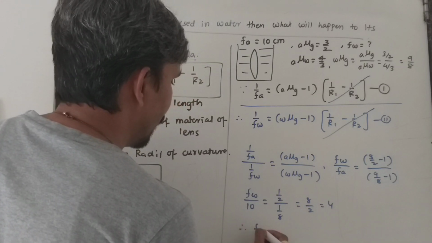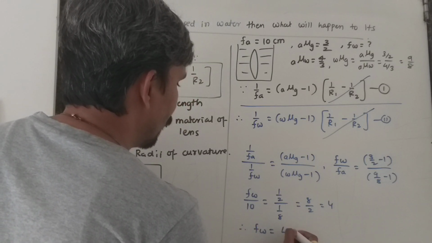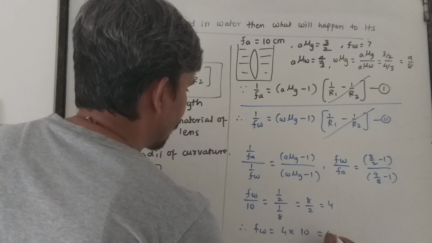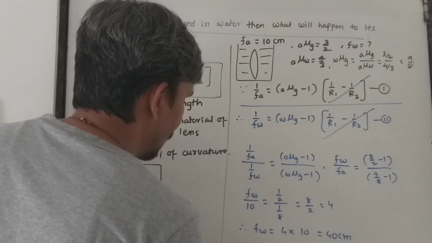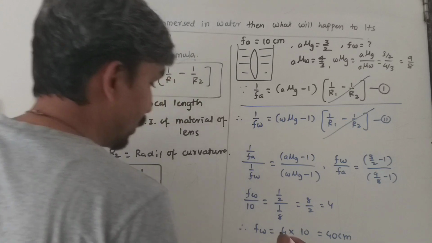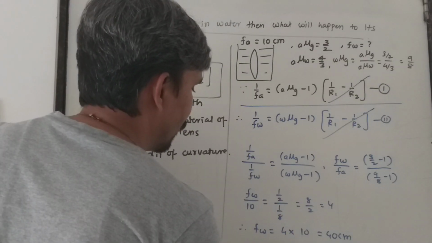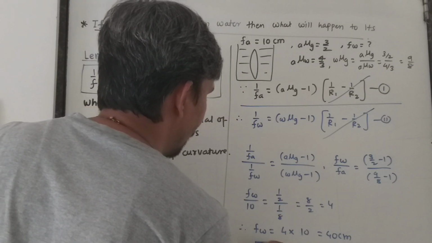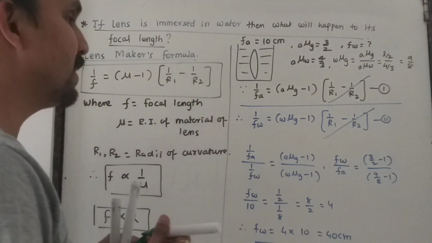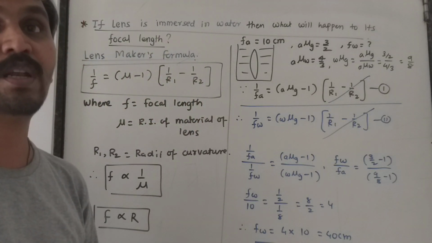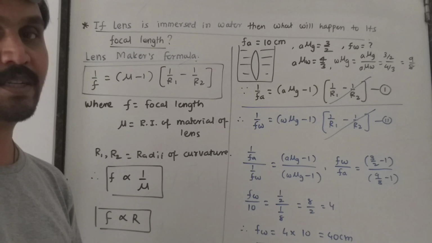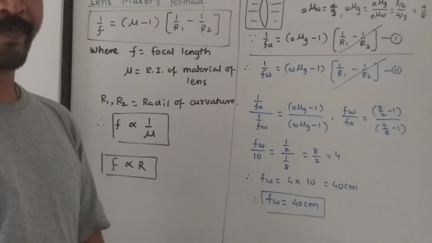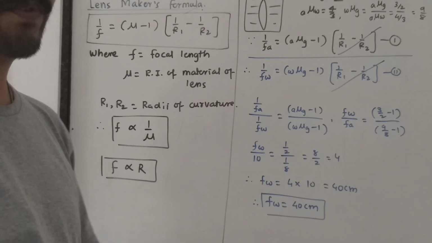So Fw is equal to 4 into 10, that comes out to be 40 centimeter. So the focal length of the lens when it is immersed in water will be 40 centimeter. That means if a lens is immersed in water, its focal length will increase. Thank you. That's it for this video.